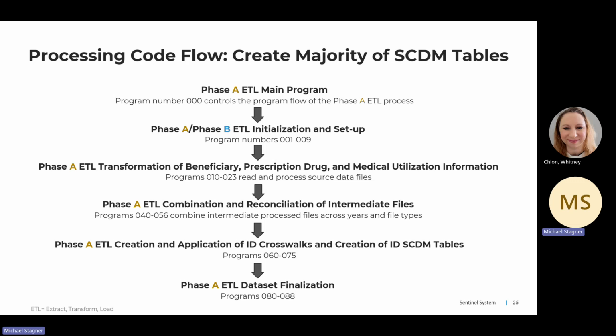The first step is to create that initial set of core tables, which we refer to as the Phase A ETL, and that creates the demographic and enrollment tables as well as the dispensing, encounter, diagnosis, and procedure tables, and the facility and provider tables, which are supplementary tables which can be linked to the data in order to determine facility location or provider specialty.